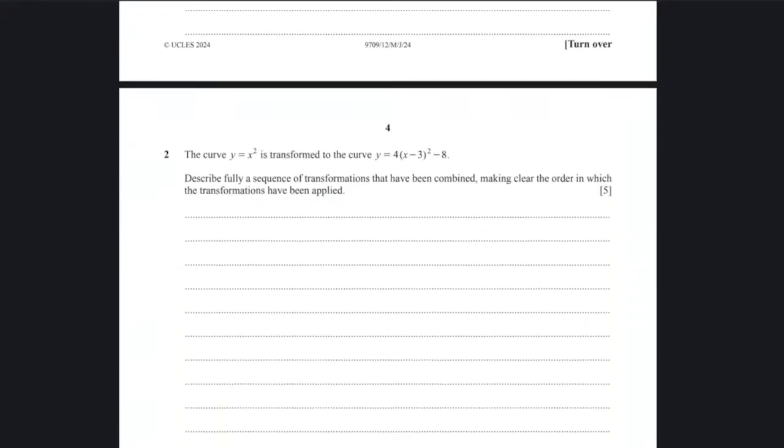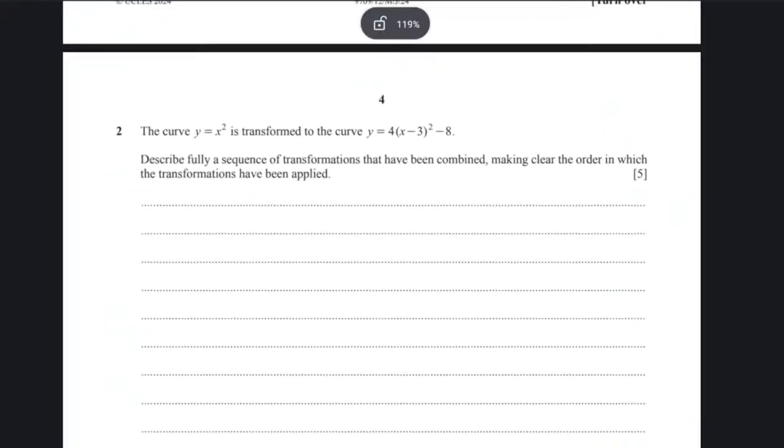I've loaded the first paper. Let's see if we have transformations here. There we go.